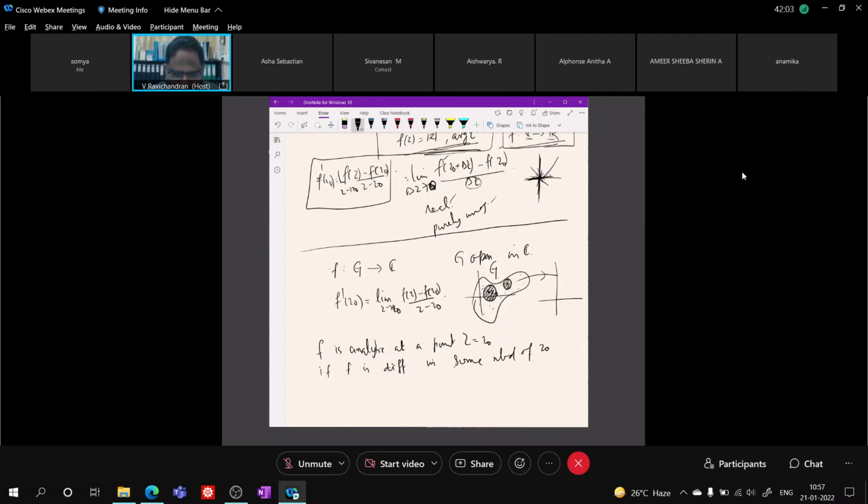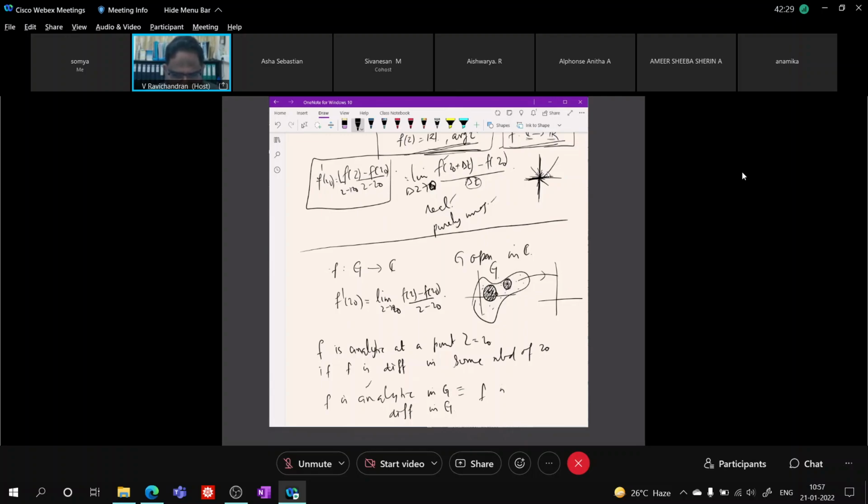So automatically, if the function f is differentiable in G, it will be analytic in G. So f is analytic in G is always the same as f is differentiable in G. So if you talk about the whole domain, then there is no distinction between analyticity and differentiability. Both are one and the same concept.